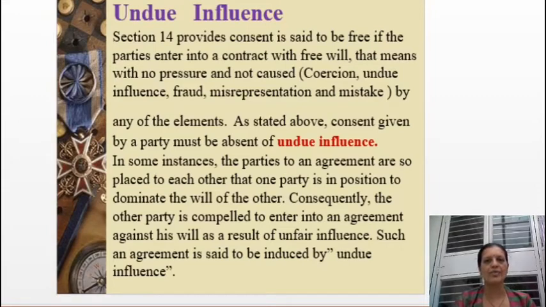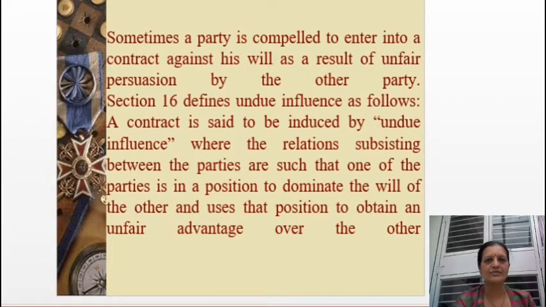Such an agreement is said to be induced by undue influence. Sometimes a party is compelled to enter into a contract against his will as a result of unfair persuasion by the other party. Section 16 defines undue influence as follows.